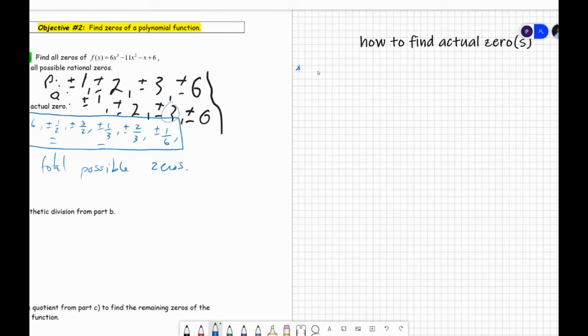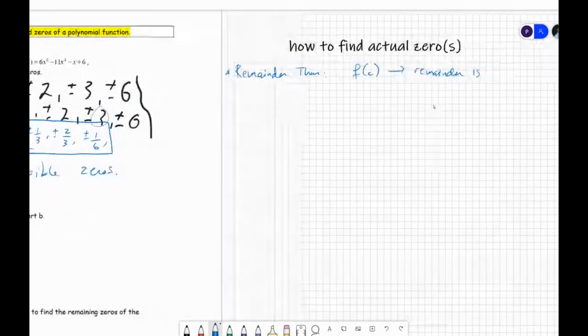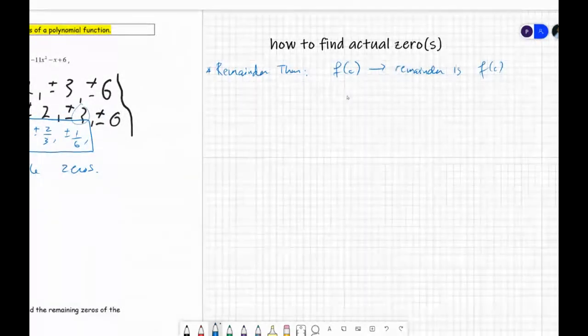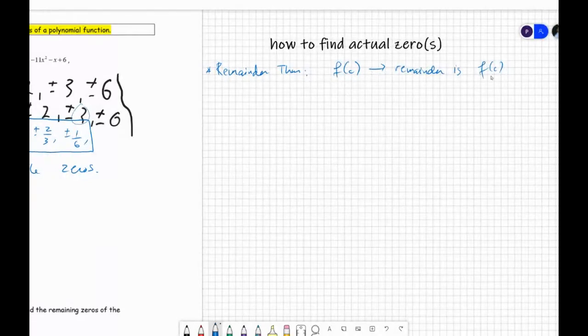The remainder theorem tells us that if I plug in a c value, then the remainder is f of c. Okay, so basically if you plug c into the function, the remainder is f of c.